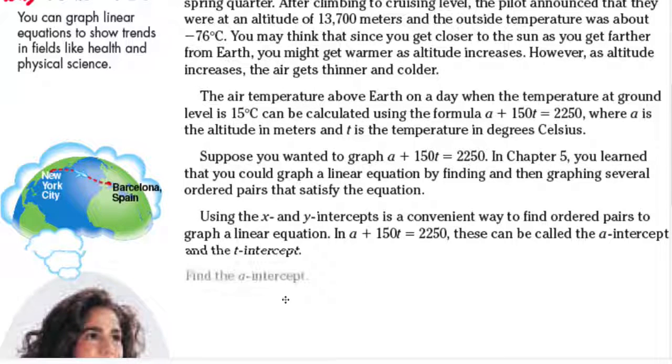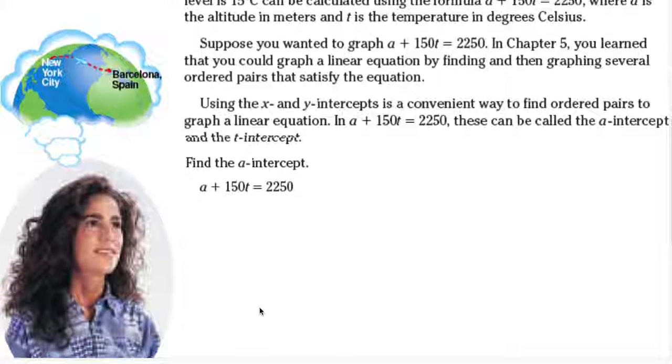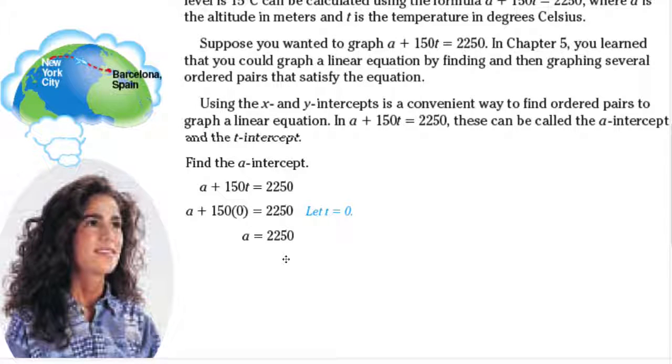To find the A-intercept, that simply means that T is equal to 0. So A plus 150 times 0 equals 2,250, and the value of A would be 2,250. That is the point where the line intersects the A-axis.